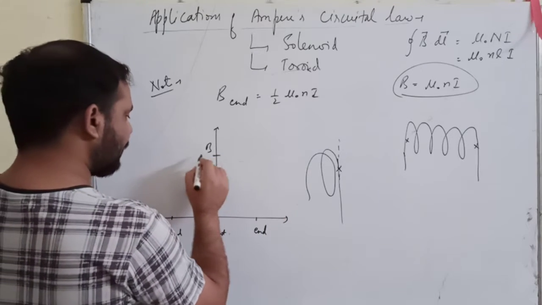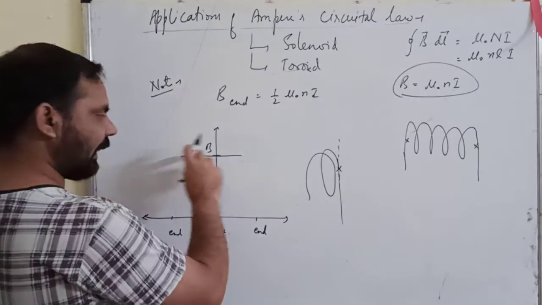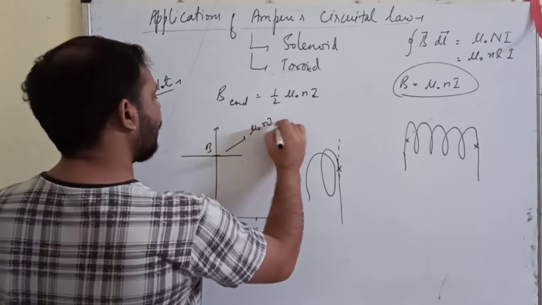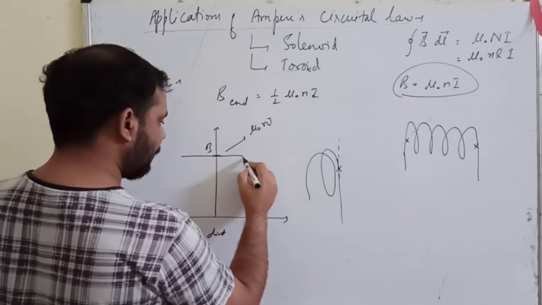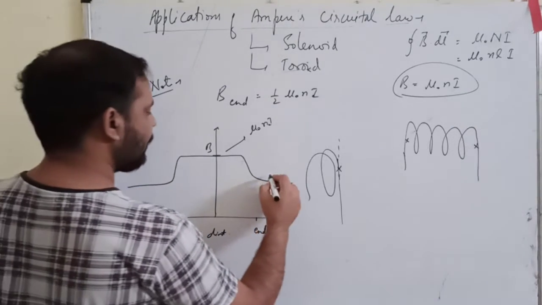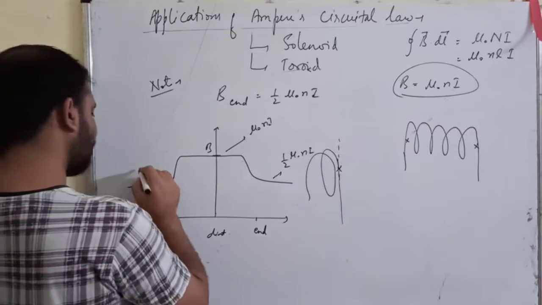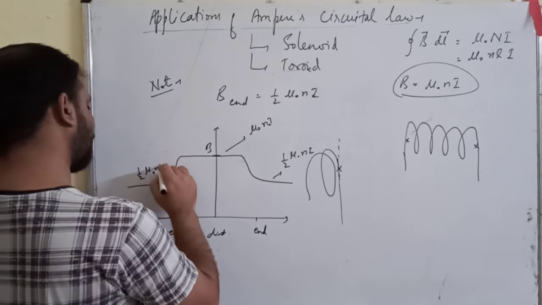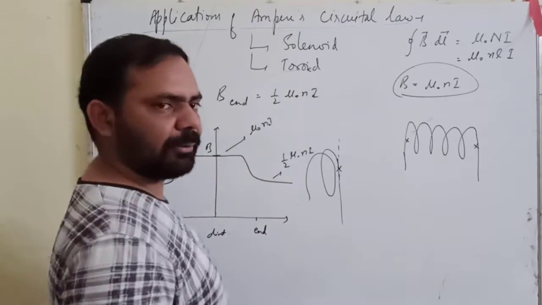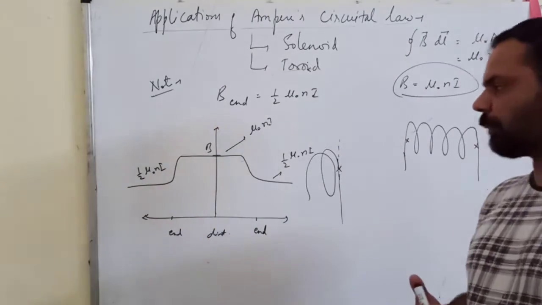In the region between, the magnetic field will be uniform and equal to B, which is mu naught n I, and then at the end it becomes half, half mu naught n I. So at the ends it becomes half of the value of the magnetic field for the points well inside the solenoid.